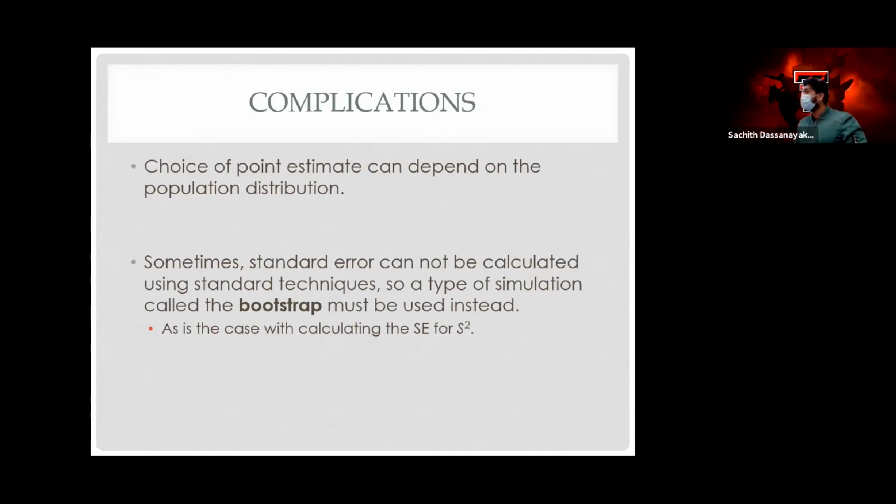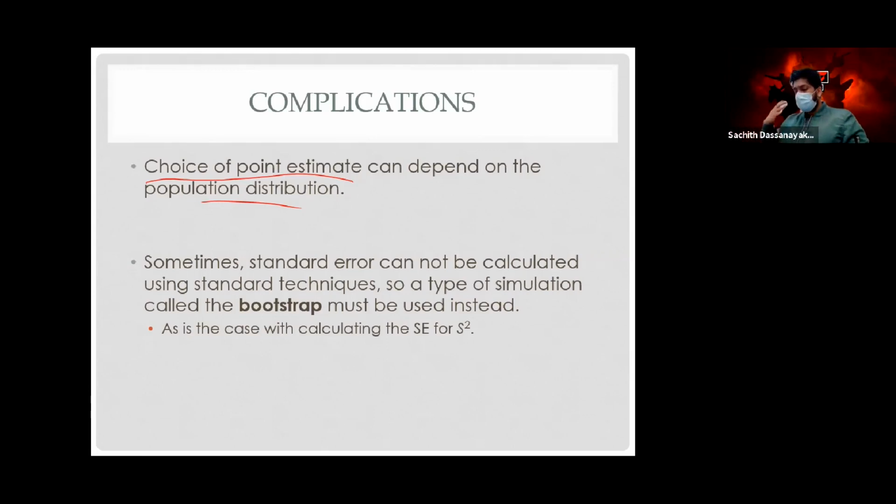Still, we have some problems. The choice of a point estimator can depend on the population distribution. If the population is gamma distributed, then the point estimator is different. If the population is normally distributed, then our point estimator is different.